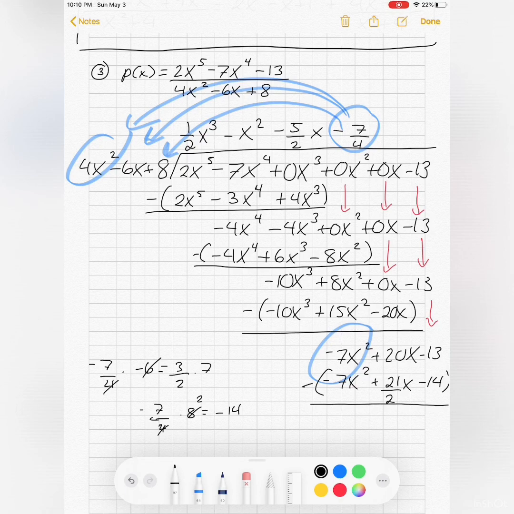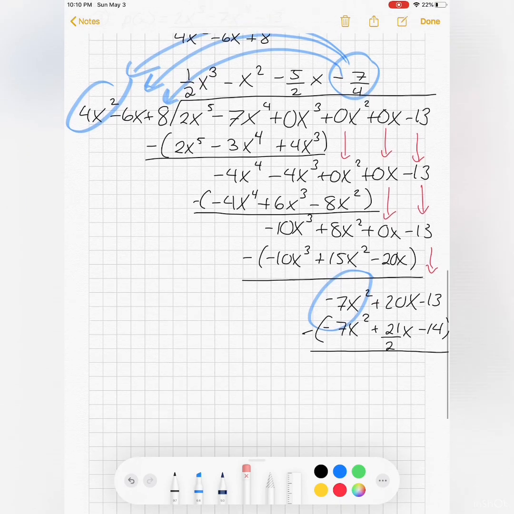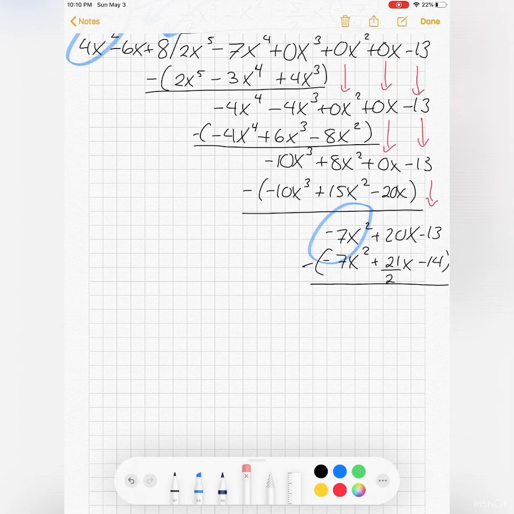Almost there. Okay, then what is 20 minus 21 halves? I guess that'd be 40 halves minus 21 halves, 19 halves.